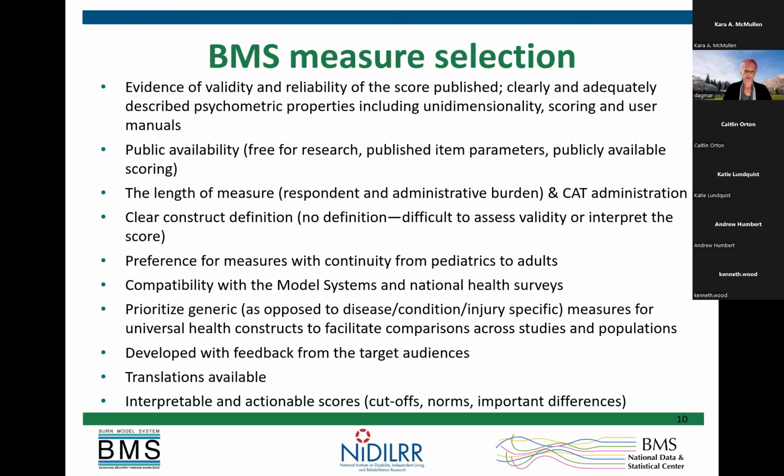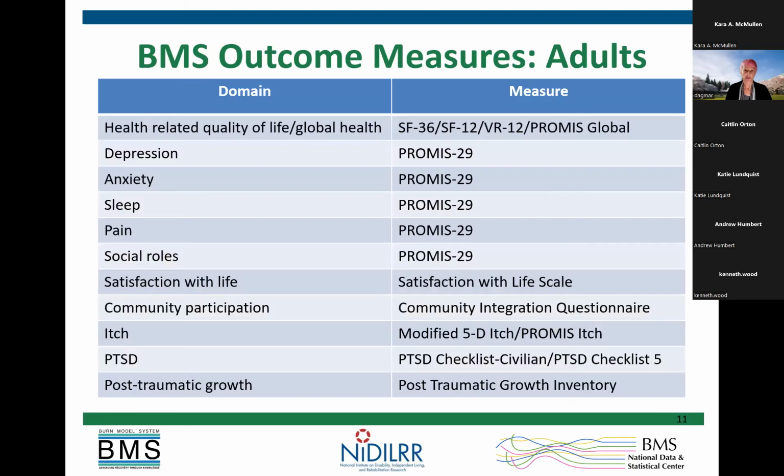And we also look for estimates of important differences so that we know what difference in the score is likely to be a reliable difference that the patient can actually feel and observe, rather than a natural variation by chance.